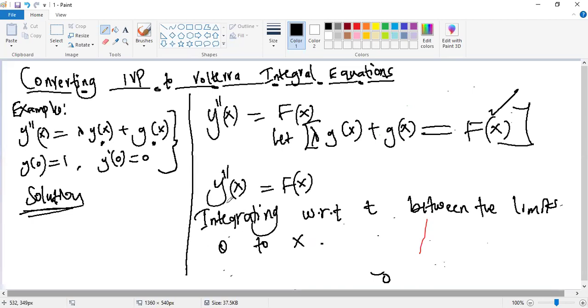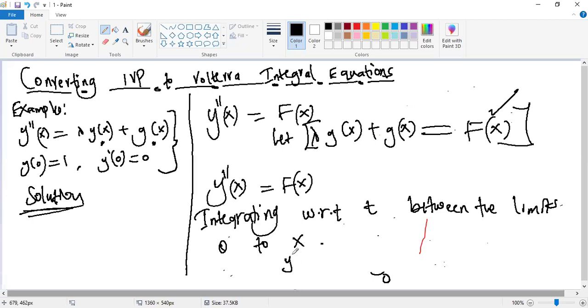What are we going to have if we are integrating this with respect to t between the limits 0 to x? What is it going to break down to? Now, if we are integrating y double prime of x, we will have it as y prime of x. It was double prime, now it will be prime.